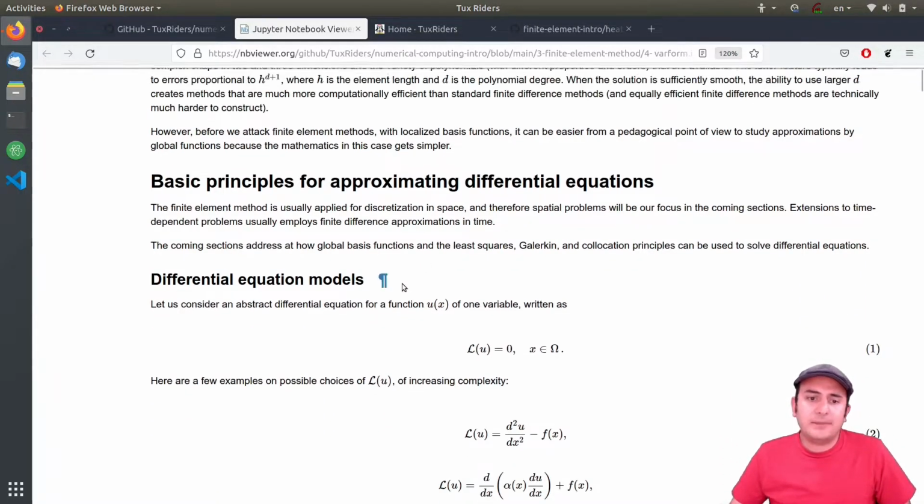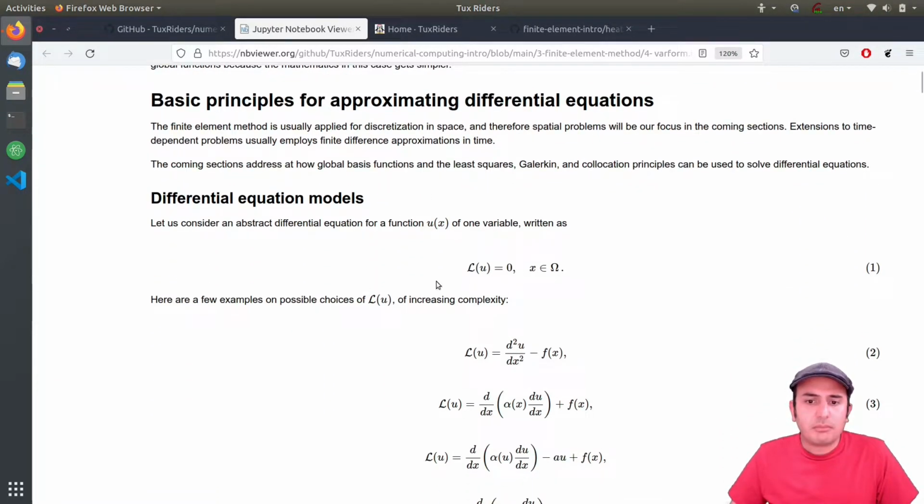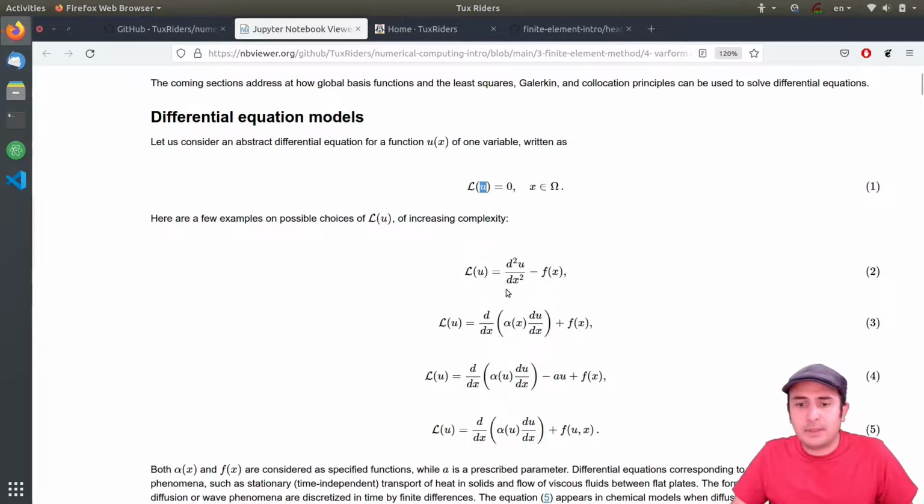For differential equations, we have an equation like this: L(u) equals 0, and u is unknown. In this case of a one-dimensional differential equation, it means that the second derivative of u with respect to x equals f(x).